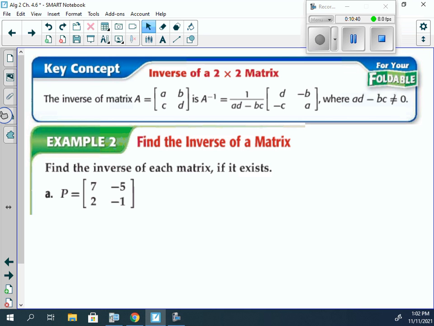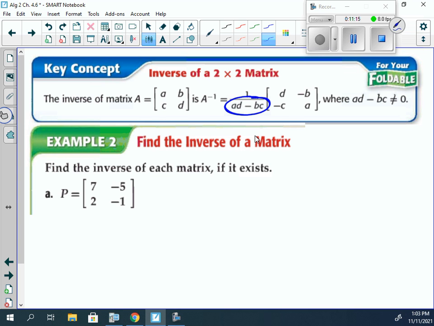Now, for A inverse, we are given this equation: it is equal to 1 over AD minus BC times the matrix D, negative B, negative C, A. And this is the inverse of the matrix A, B, C, D. Does the denominator of this fraction, AD minus BC, look familiar?